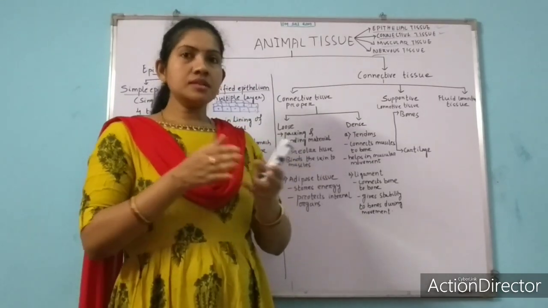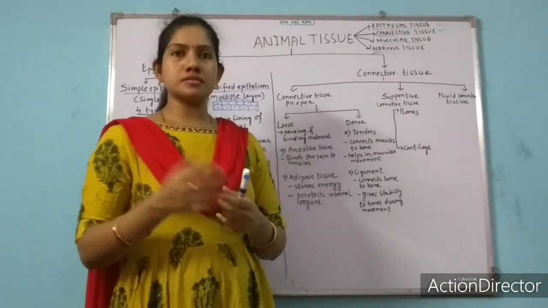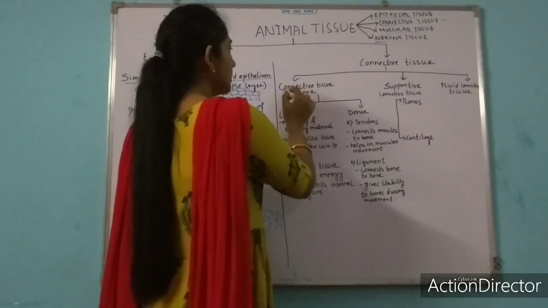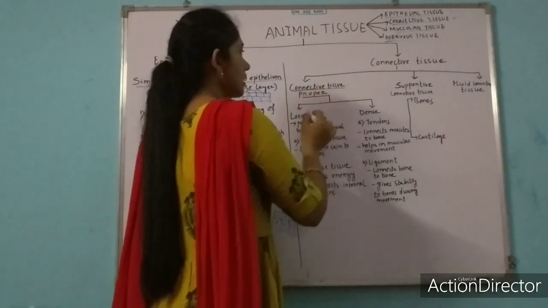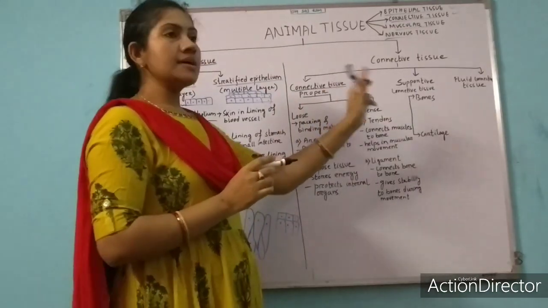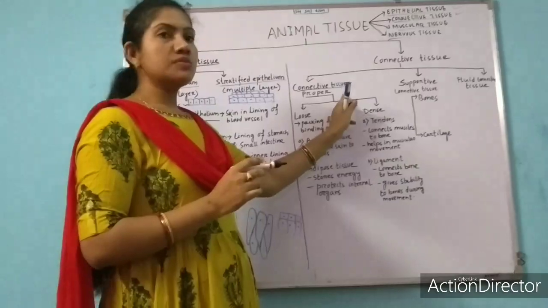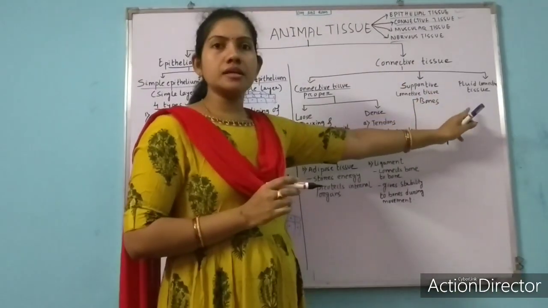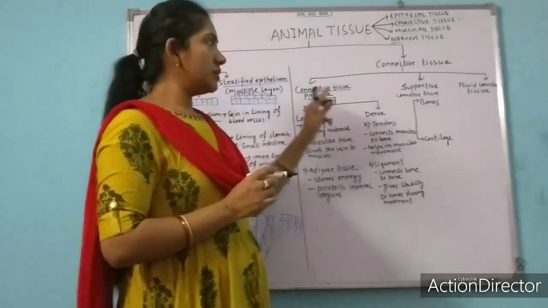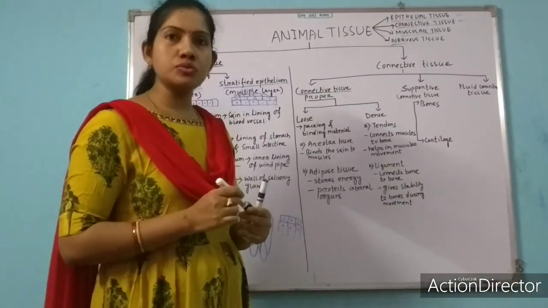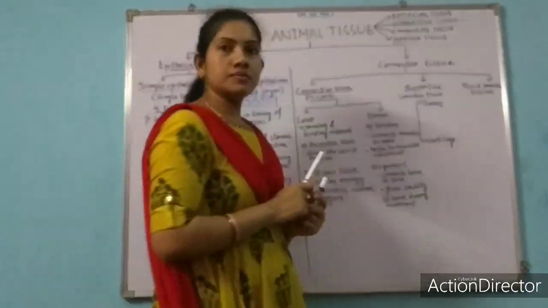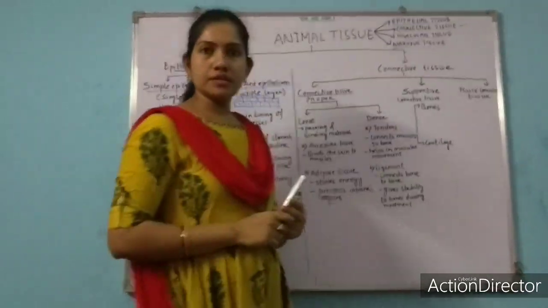So what are the types of connective tissues? Let's discuss. The first one, you can see, is connective tissue proper. There are 3 types of connective tissues: connective tissue proper, supportive connective tissue and fluid connective tissue.